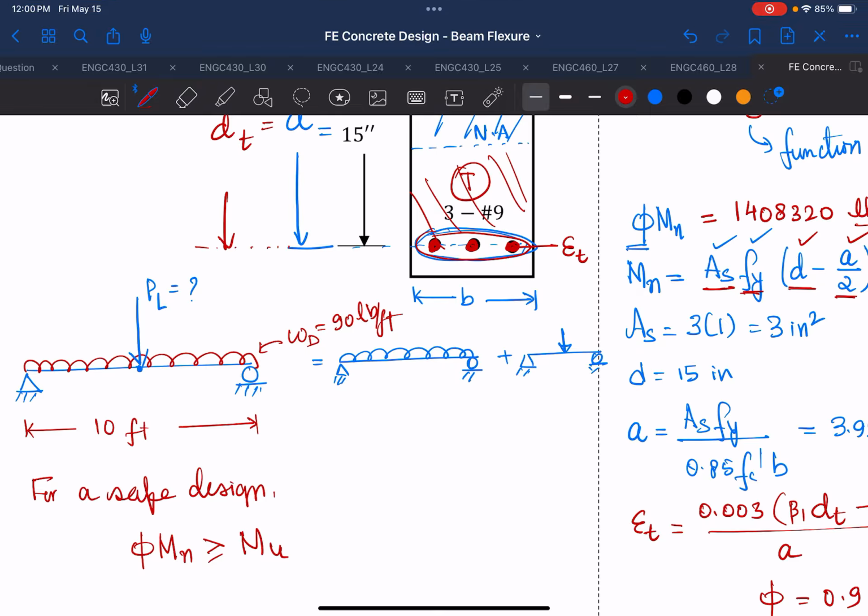And if you remember in your static structure analysis, the bending moment for a UDL is this, and the bending moment for a point load is maximum where the point load is acted.